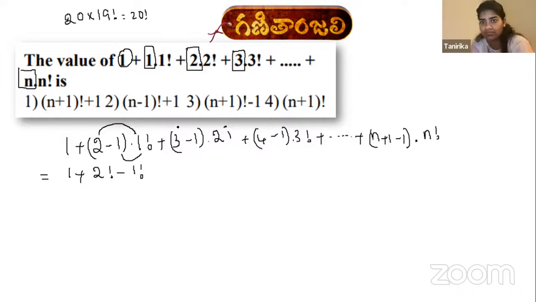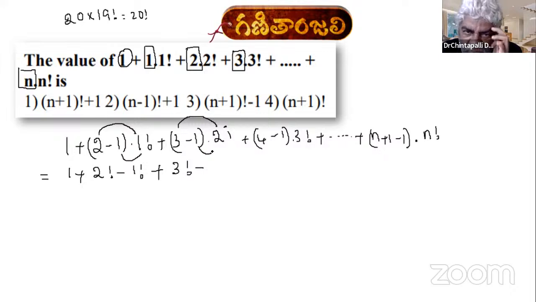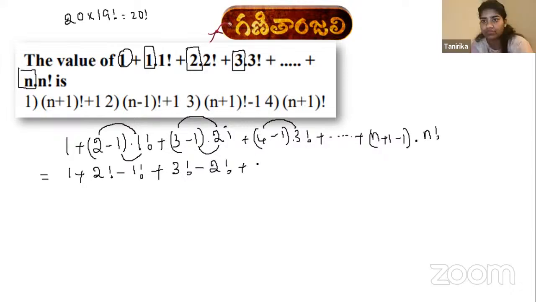Now, what is 3 into 2 factorial? 3 factorial. Very good. Next, minus 1 into 2 factorial. 2 factorial. Plus 4 factorial minus 3 factorial, plus and so on.